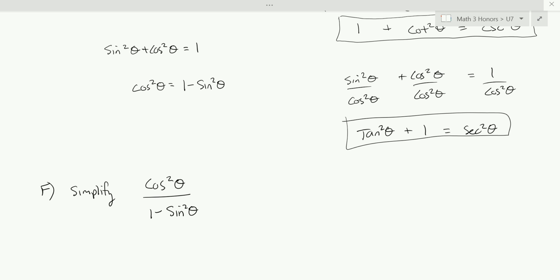And here everything's squared. And when you're simplifying, you're going to focus more on something that's not as simplified. So in this fraction, the denominator is what I'm going to focus on first. Can I use a Pythagorean identity and replace 1 minus sine squared with something that's equal to it? Well, we just did that right there, right? We saw 1 minus sine squared is cosine squared. And so then we end up with 1 as an answer.